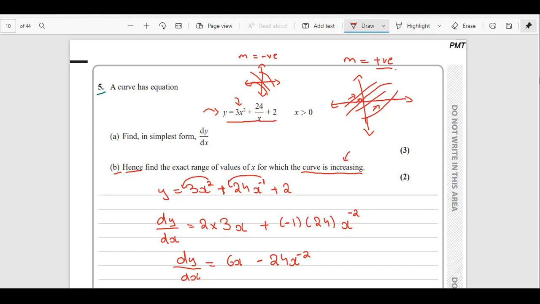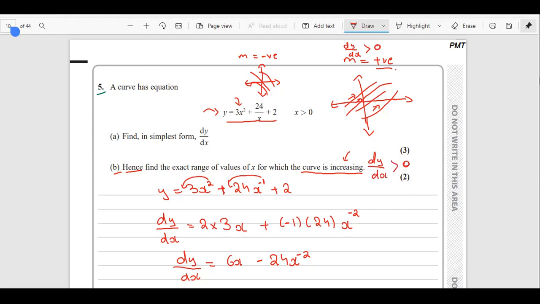Yes. Okay. So this means that what is m? An upgraded version of m is dy by dx. So dy by dx is greater than 0 for increasing curves, right? dy by dx is greater than 0 for increasing curves.